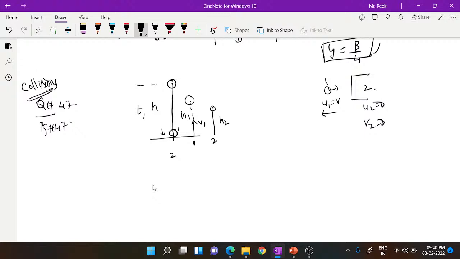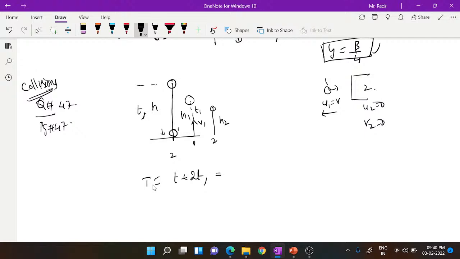So the total time, capital T, is t plus 2t1, till the second collision.